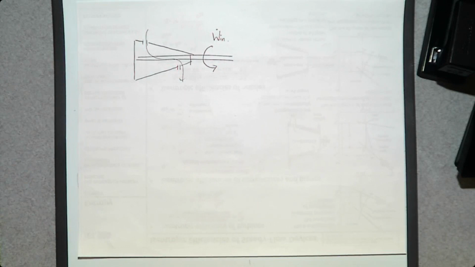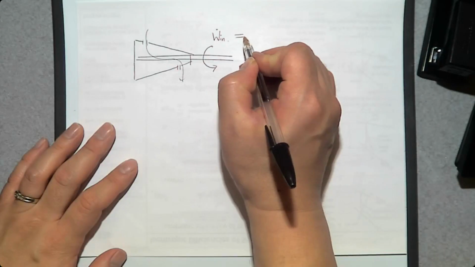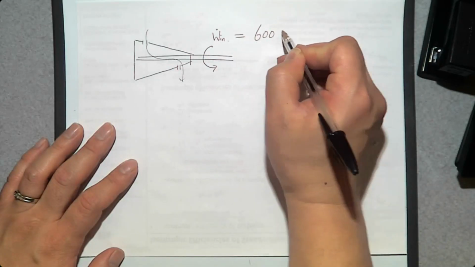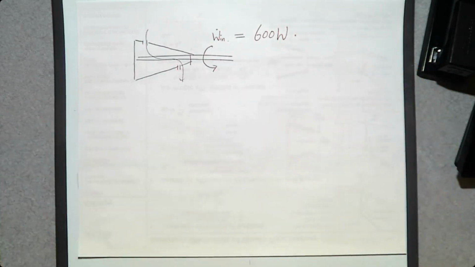So when I make this compressor and test it, it looks like this compressor consumes 600 watt of power to pressurize, let's say, air from this pressure to this pressure.